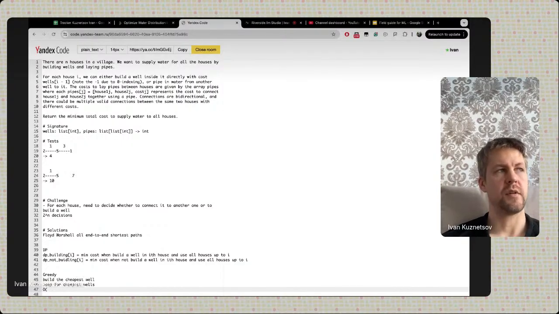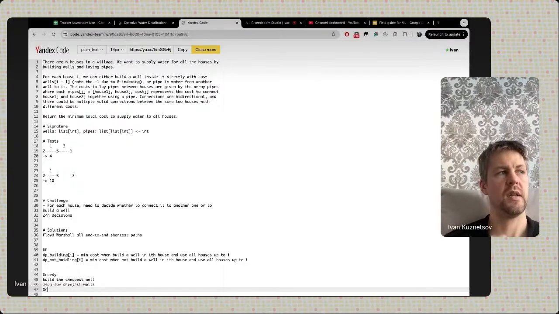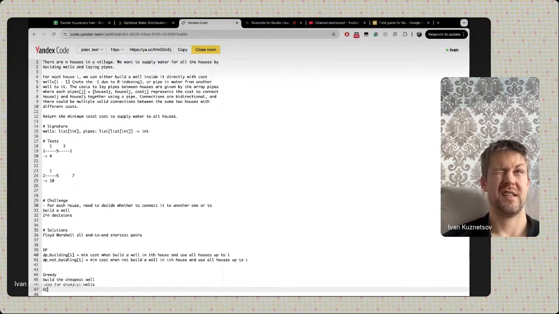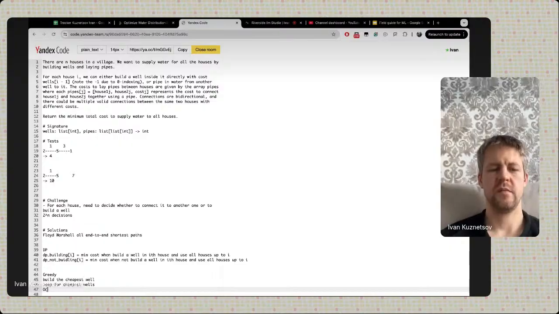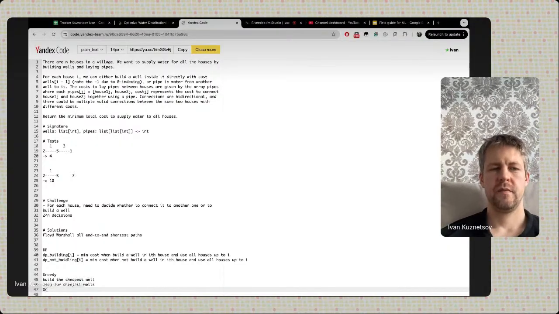and figuring out runtime and figuring out whether we can optimize this. It's kind of like Dijkstra algorithm, but a little different.